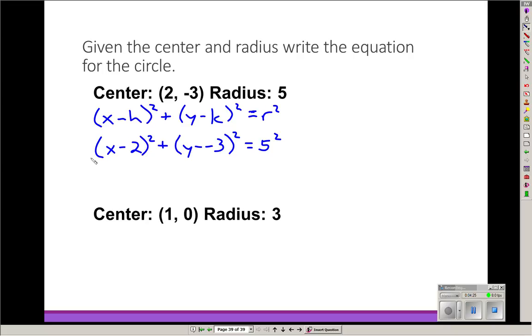Now polish it up a little bit. (x minus 2) squared stays the way it is. y minus negative 3 becomes y plus 3. And 5 squared is 25.